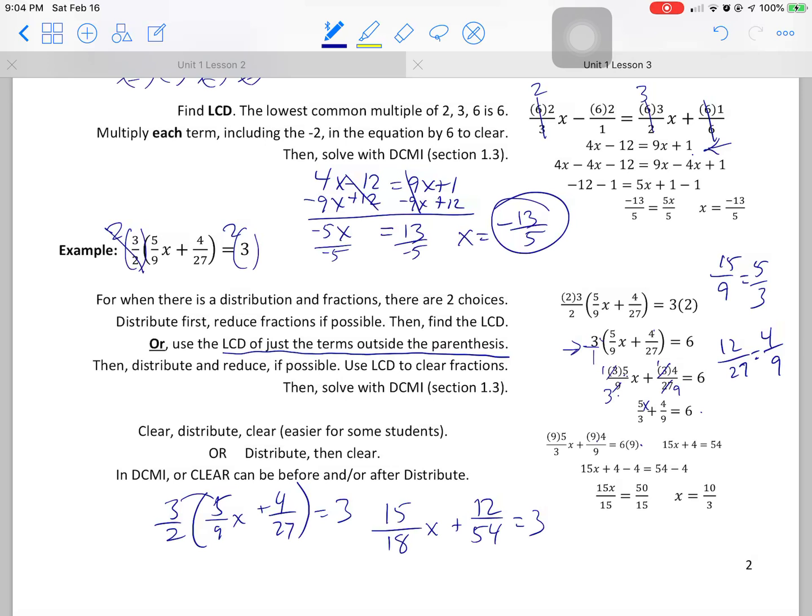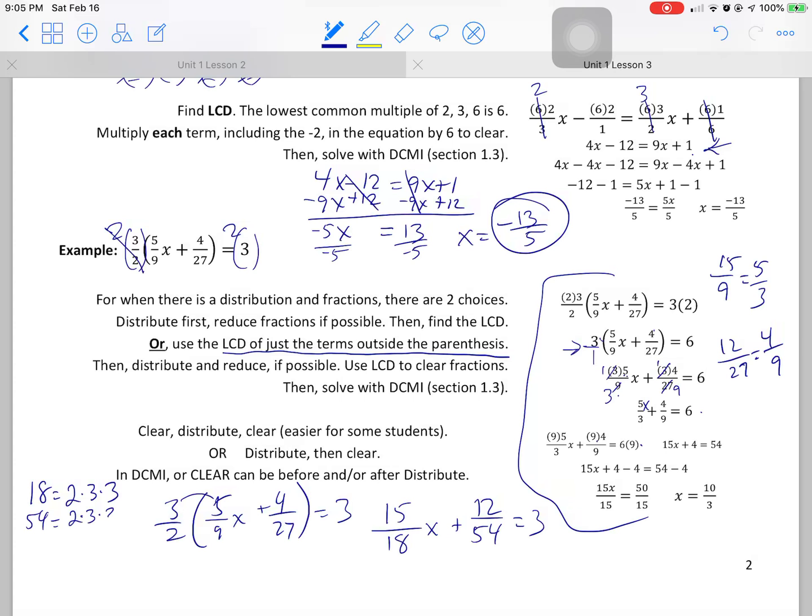Now I need the LCD of 18 and 54. See how hard this gets? I don't mind doing it twice if the numbers stay small. But let's see, 18 is 2, 3, and 3. 54 is a 6 and a 9, right? 6 times 9 is 54.